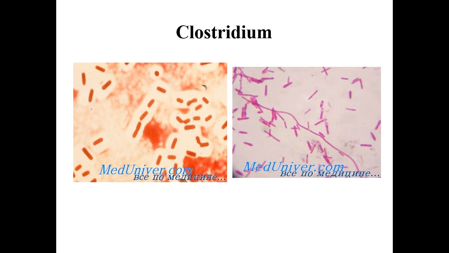Laboratory diagnosis of gas gangrene. Specimens are necrotic tissues, muscle fragments, and exudates from a deeper part of the wound where the infection appears to be more active. Blood culture may be positive for Clostridium perfringens and Clostridium septicum.